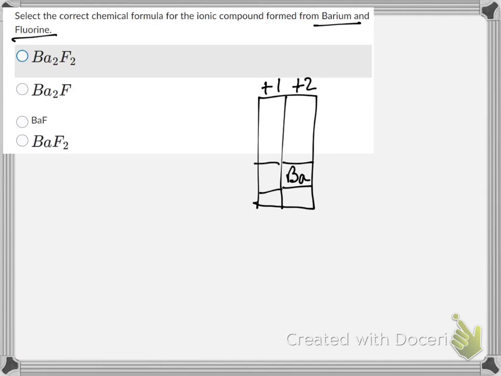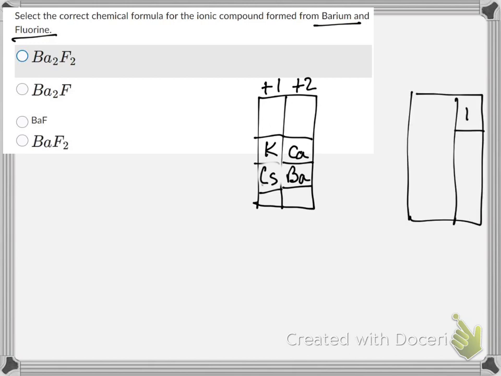You go down, it's like row 4, 5, 6, right next to cesium, but it's in the second column, so it's +2. You can find it right below calcium and potassium. Then we look over at fluorine, and fluorine's -1.